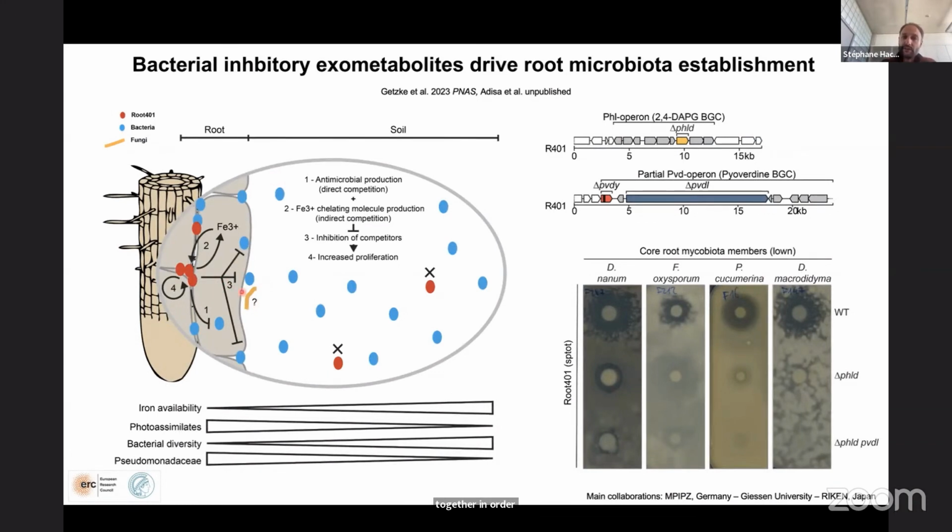And by keeping these competitors away, this drives, of course, the niche-freeing and the colonization success of root41. We also observe that this mechanism is only activated in the roots, and we think that this is because the iron availability is low at the roots and the amount of photoassimilates is high, which is not observed in the surrounding soil.